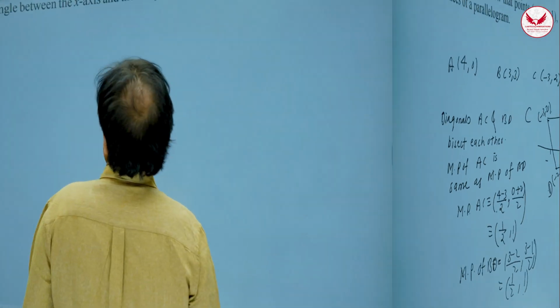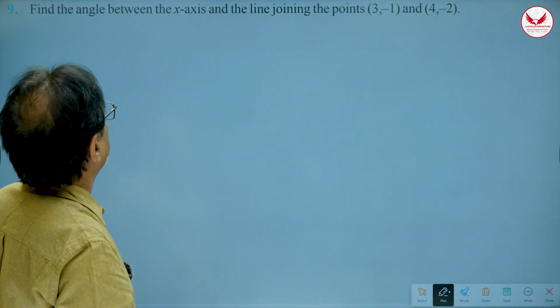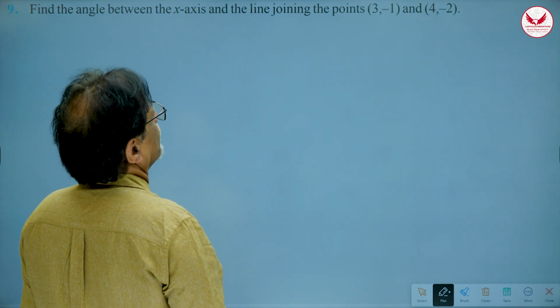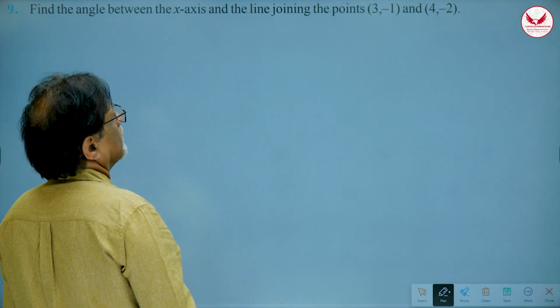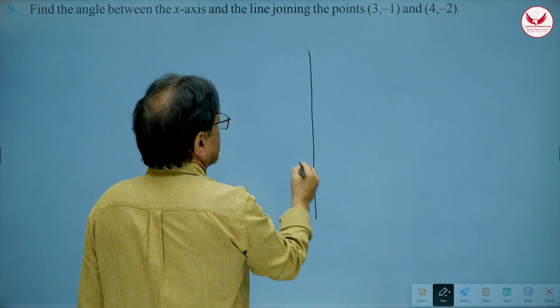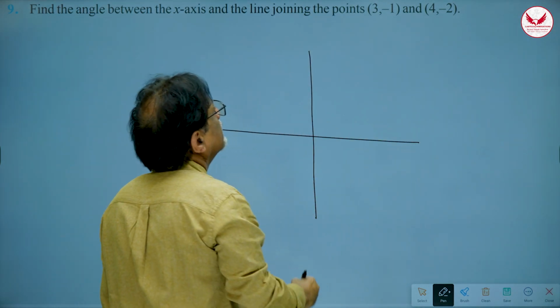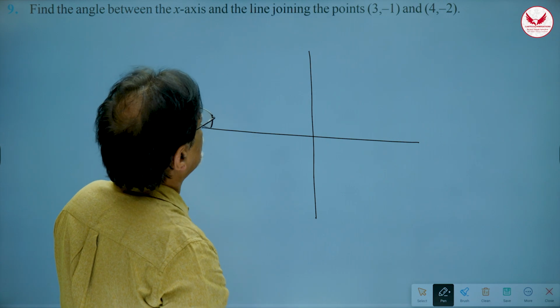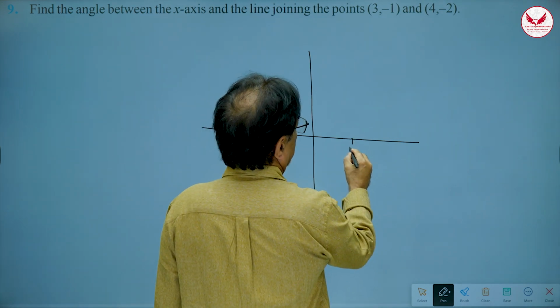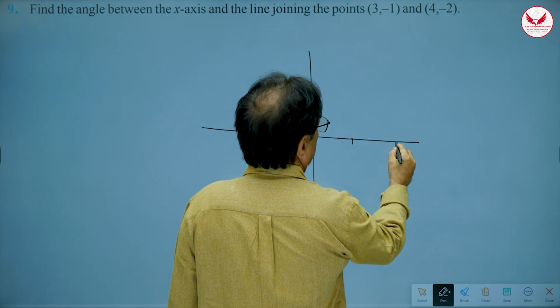Okay? Now, find the angle between the x-axis and the line joining the points (3, minus 1) and (4, minus 2). So, if this is the y-axis, this is the x-axis, okay? Then we want to draw 2 points. The x coordinate is 3 and the x coordinate is 4, right?